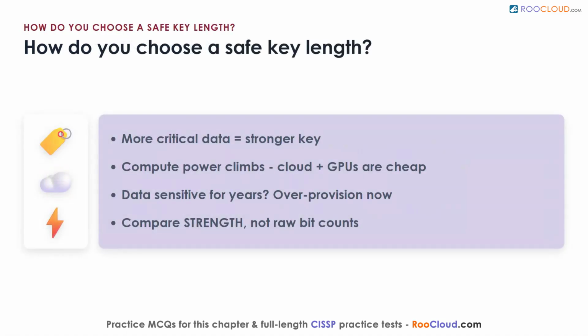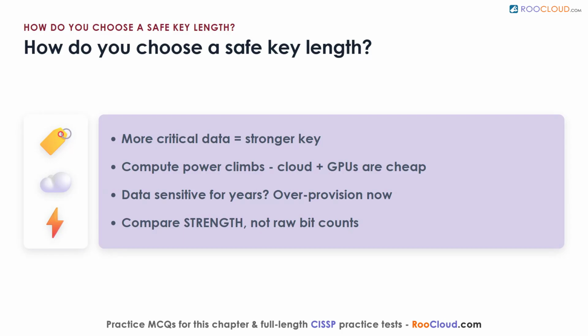How do you choose a key length that stays safe over time? Key length is one of the most important knobs you control, so weigh it deliberately. The more critical the data, the stronger the key it deserves. Then factor in time. Computing power keeps climbing, so what resists attack today may crumble a few years out.